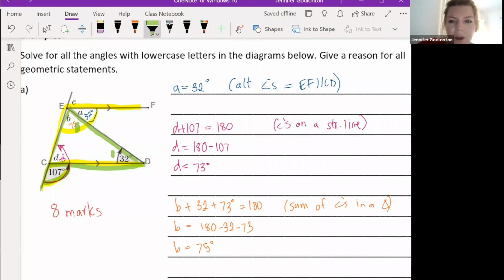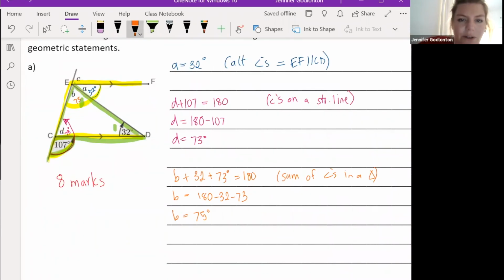Okay. Nati, I am looking for my answer for C. Oh, we can't hear you. Ah, there you are. So I said C is equal to 32 plus 73 plus 75, and then exterior angles of a triangle.